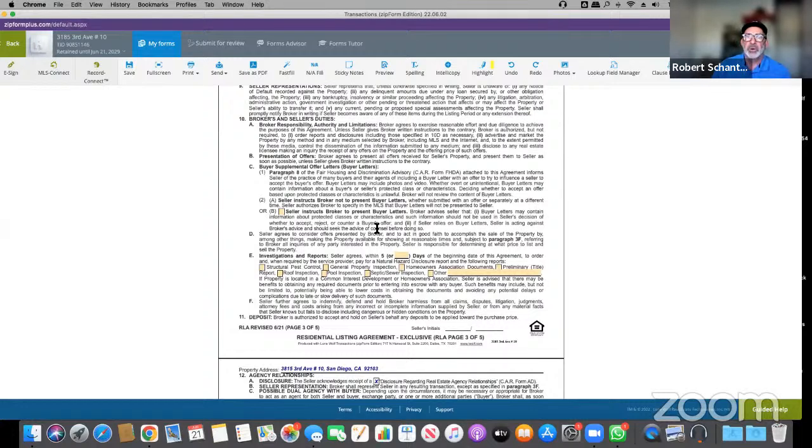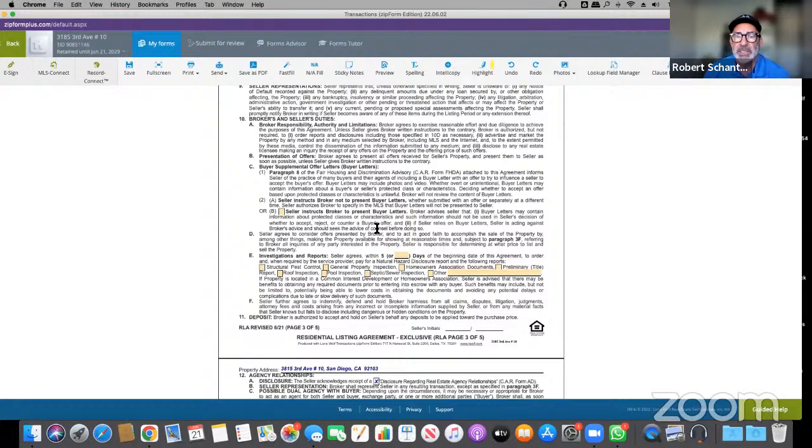We're going to help you order reports, put your disclosures together, advertise and market the property, disclose any real estate licensee, making an inquiry in the receipt of the offers, and offer the pricing of such offers. We're going to present offers. We're bound to present offers to you. So any offer we get, we're duty bound to present them to you. We're also going to make sure that we're not violating fair housing.